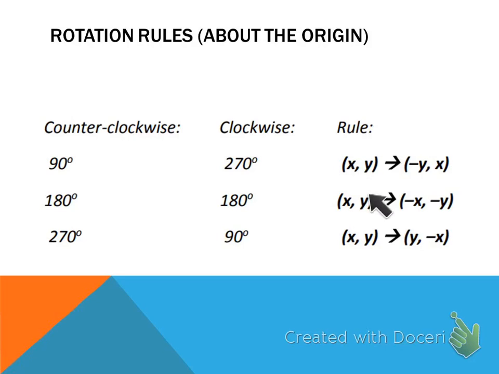These rules are what we're going to use when we're doing this in the coordinate plane. So if we start at x comma y and we are rotating counterclockwise 90 degrees or clockwise 270 degrees, those are the same thing, then we are going to switch the x and y and make the y negative.